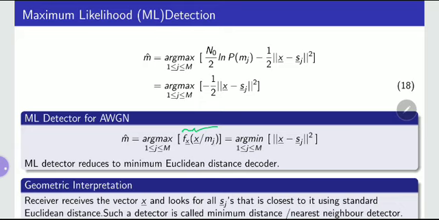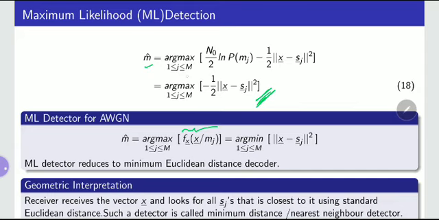Now Fx of x given Mj, you will get it like this. If all the signals are equiprobable, the n0 by 2 ln P of Mj term, you get it like this. If you take the log of P of Mj into Fx of x given Mj, you'll get the result like this, that is argmax of minus half norm of x minus sj the whole square.